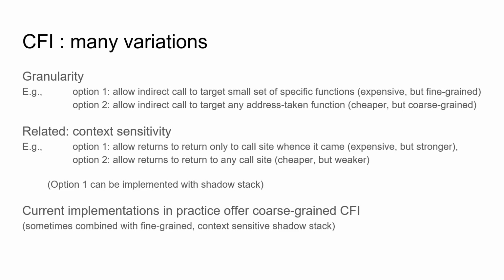That means that you give a little more wiggle room to the attacker, because now the attacker is able to target any of those address taken functions, but it's much cheaper. So this is what we refer to as coarse-grained. And if we have individual checks and individual labels for each function that is address taken, then we talk about fine-grained CFI. Coarse-grained and fine-grained CFI.